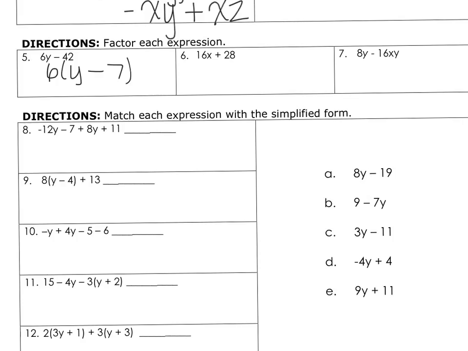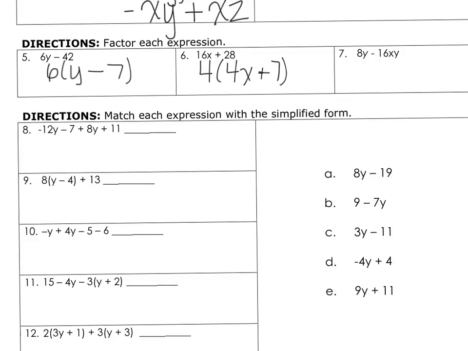We want the biggest number they both have in common, which happens to be a 4. 16x divided by 4 is 4x. 28 divided by 4 is 7. I know that I'm correct because I can redistribute, but if I look in here, I can't pull out another number. I have factored out the biggest number possible.